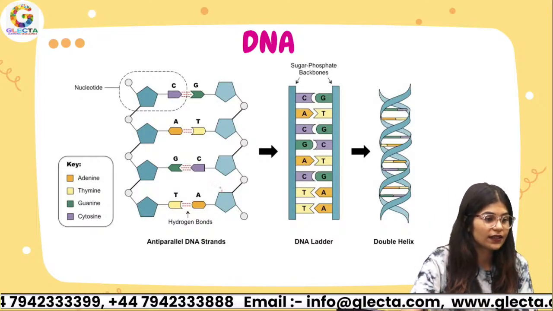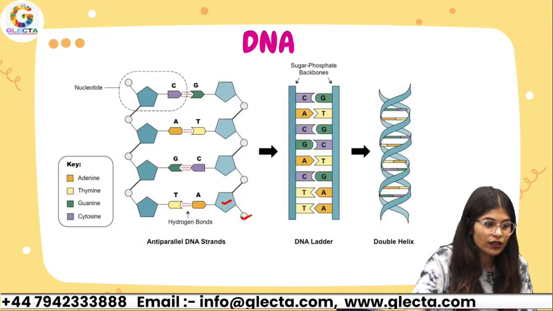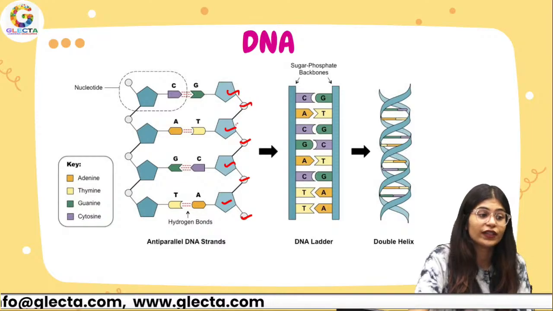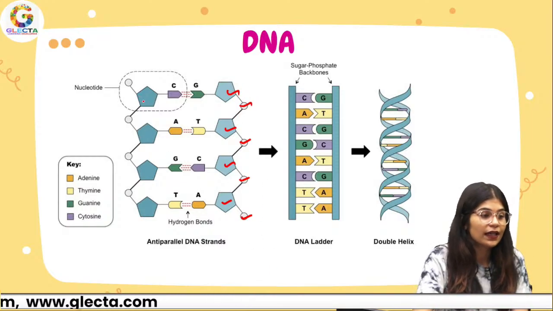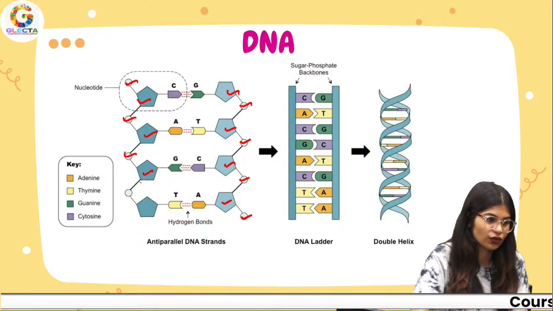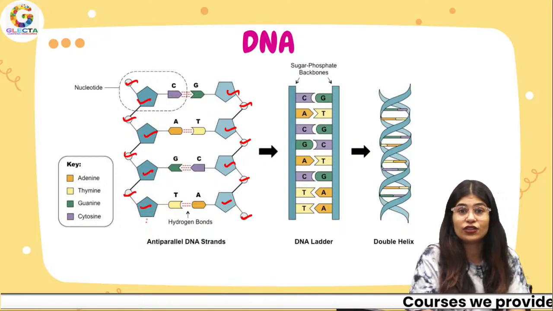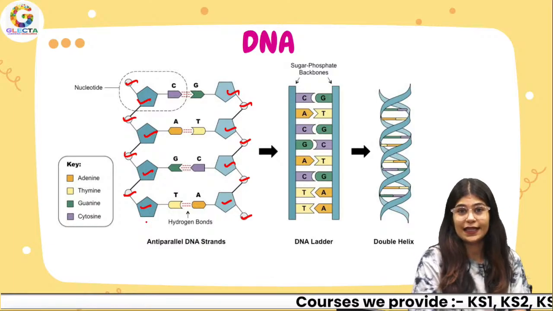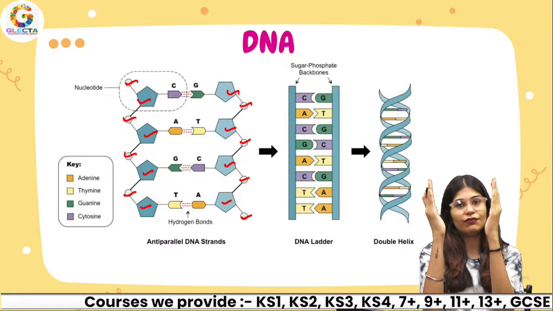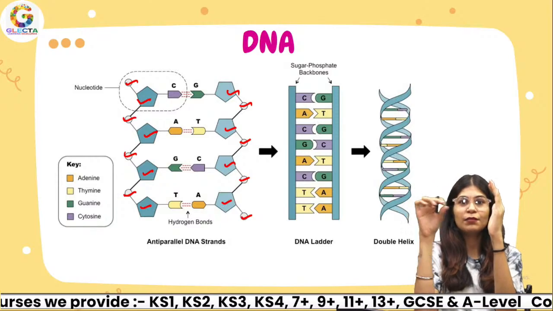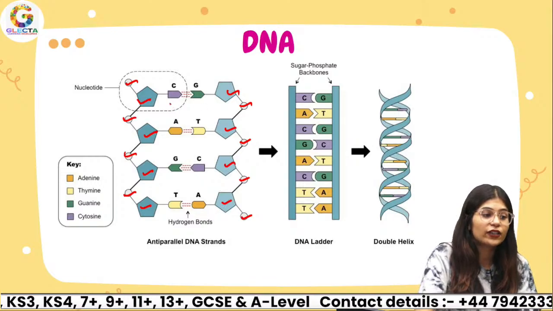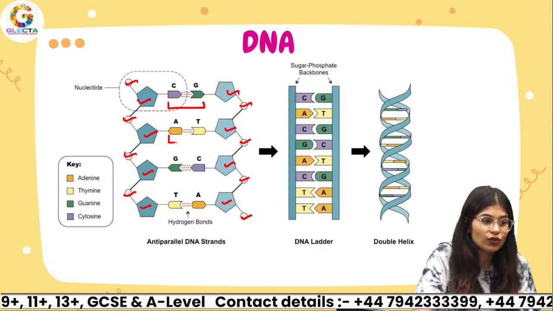Now if you look at this here, sugar, phosphate, sugar, phosphate, and they're attached to each other. Here as well, phosphate, sugar, phosphate, sugar. They're attached to each other, which means technically the strands of the DNA are phosphate and sugar and phosphate and sugar. And then in the middle, the rungs of the ladder are made by nitrogenous bases and their bonds.